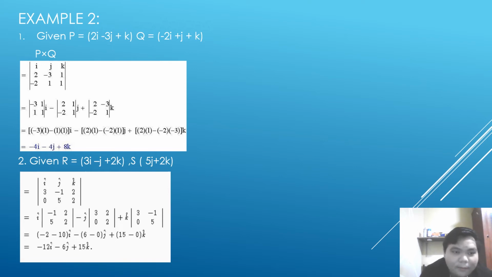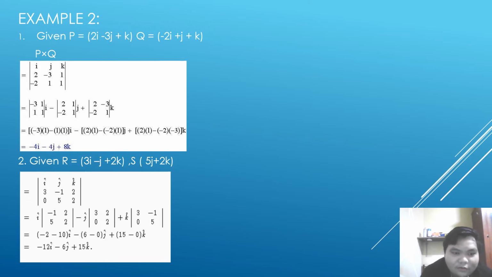He wants P times Q. So first we need to change to the matrix method, with i with i, j with j, and k with k. So i is 2 and negative 2, for j is negative 3 and 1, and k is 1 and 1.